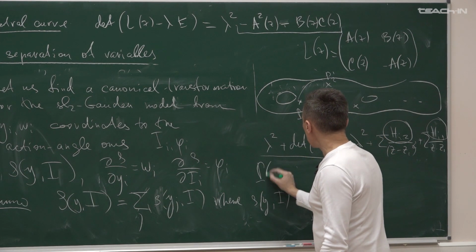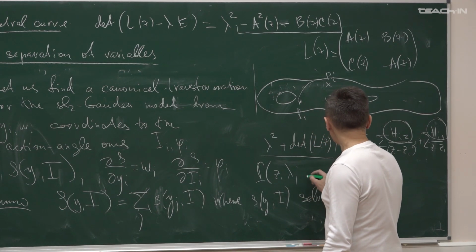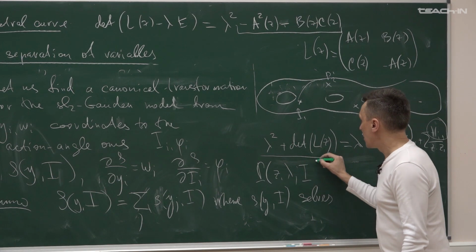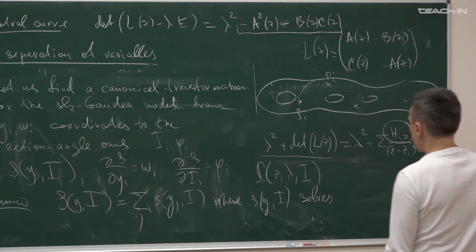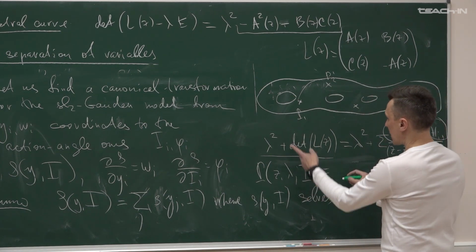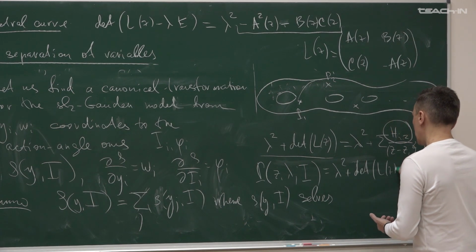It's a polynomial in z, lambda, and all action variables, all Hamiltonians. It is the same as lambda squared plus the determinant of L of z.